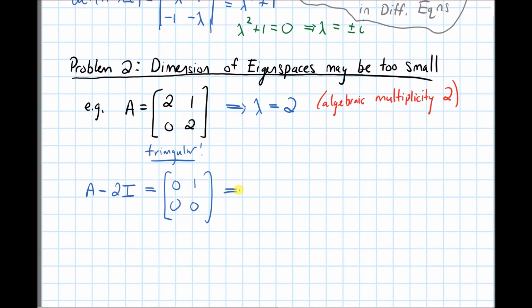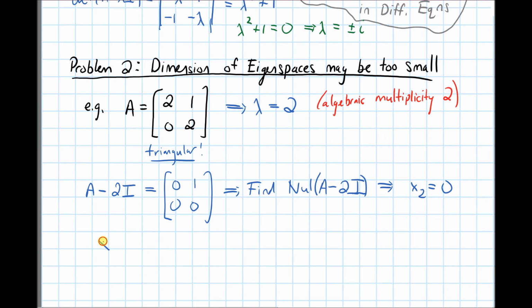Now we want to find the null space of A minus 2I. At this point it's already reduced. Let's write down the equation for the first row. That gives us that x2 is going to be equal to 0. x1 is free because there's no pivot in the first column.